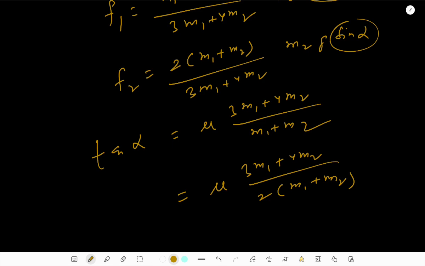So the answer will be the second case. This is the required angle alpha, because this alpha is less, so you will naturally prefer this angle.